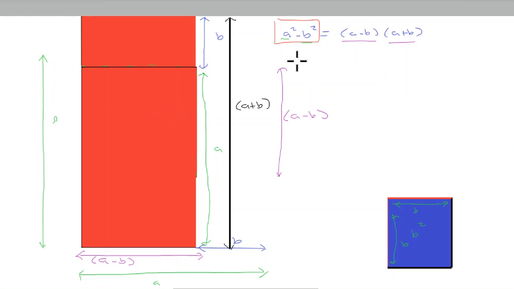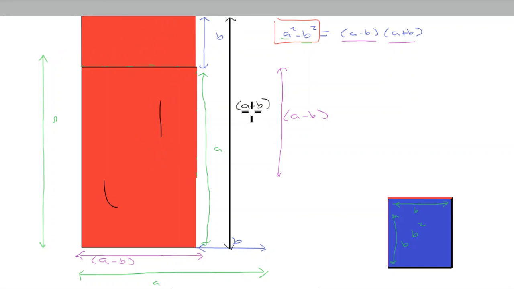And all we're saying is that if we think about the shape that we started off with, a squared minus b squared, a big square with a inside it, and you're subtracting this smaller square from it, this is equal to the area of this. So it's equal to a minus b, this is where the a minus b comes from, multiplied by a plus b, which is equal to this when you rearrange it and attach this piece on.